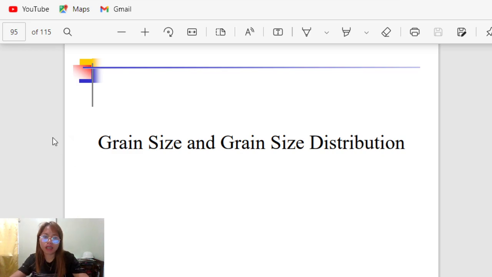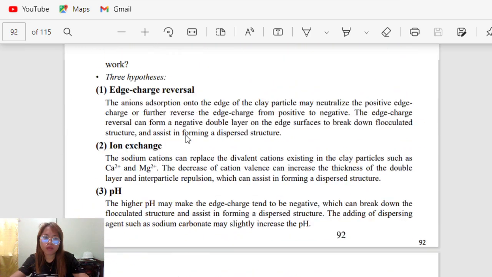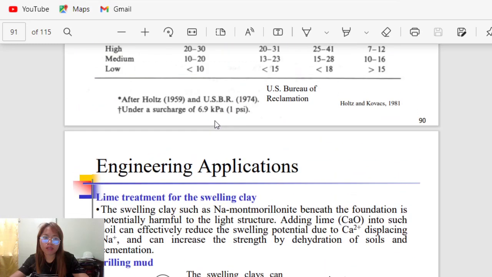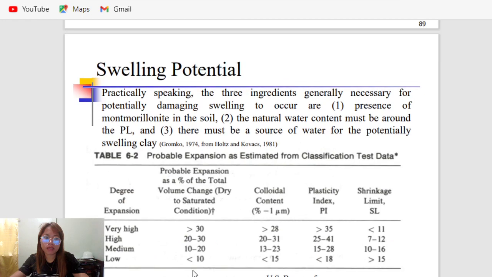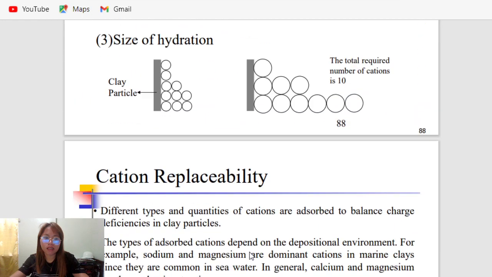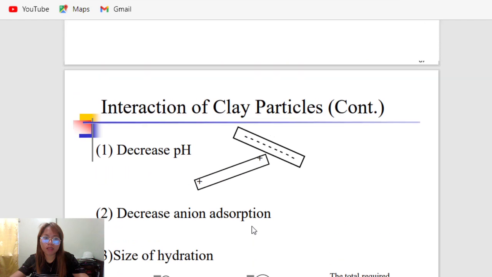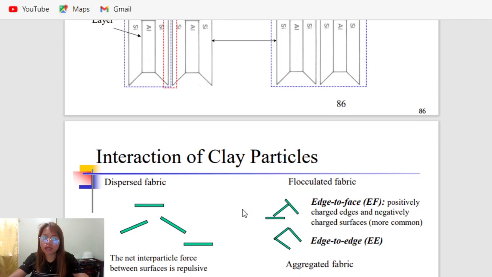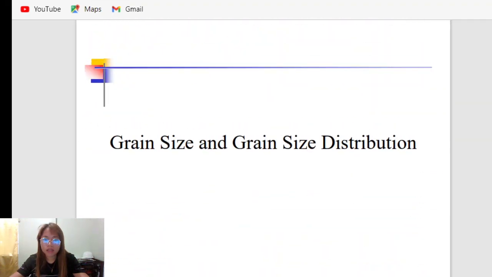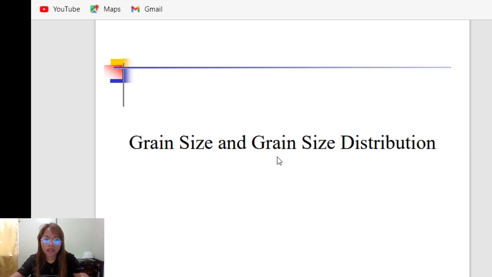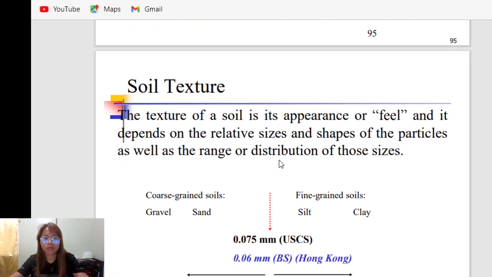The previous slides were more on the chemical properties of the soil particle, the combination of elements and minerals, but we will not tackle that one. Instead, we move on to the grain size and grain size distribution.